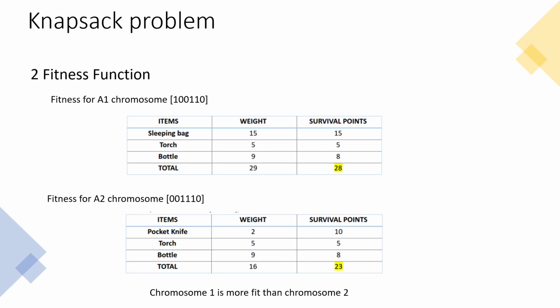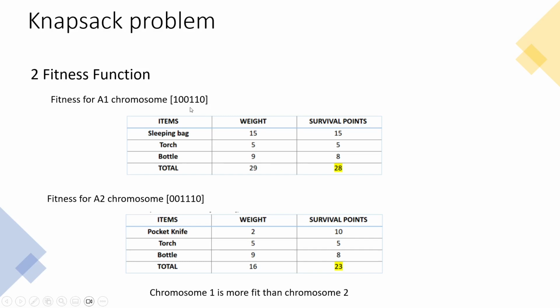Then, if you remember from our terminology, we have the fitness function. We somehow need to evaluate each chromosome or each DNA or each member of our population, whether they could solve our problem or whether they're close to solving our problem or not. And this fitness function is basically summing up the survival points that this chromosome can carry. So remember we had 6 items that we can carry in our bag.